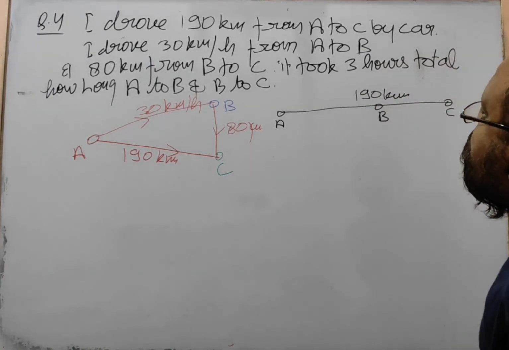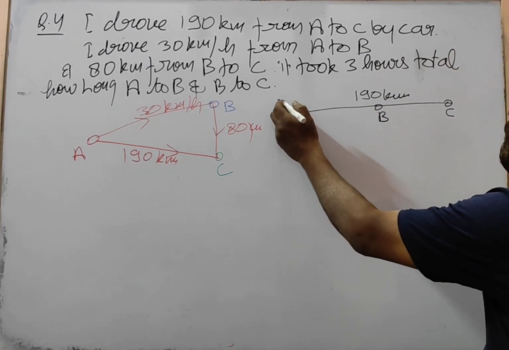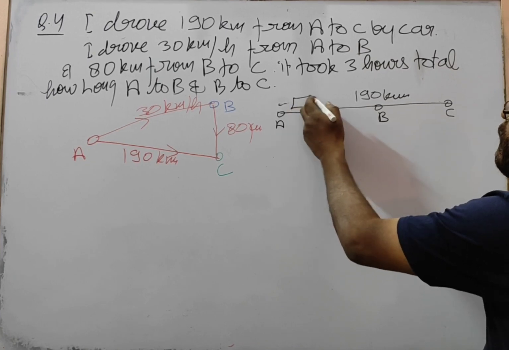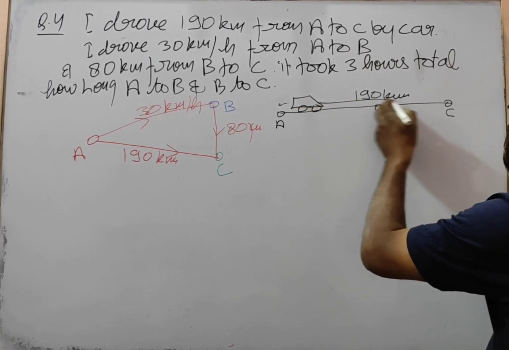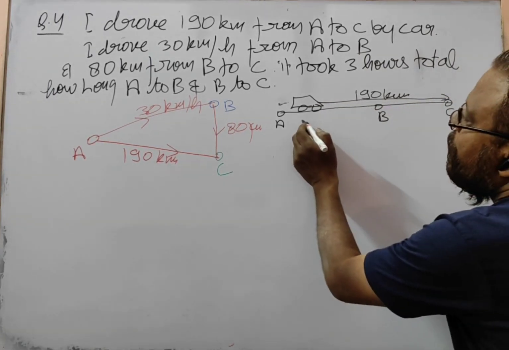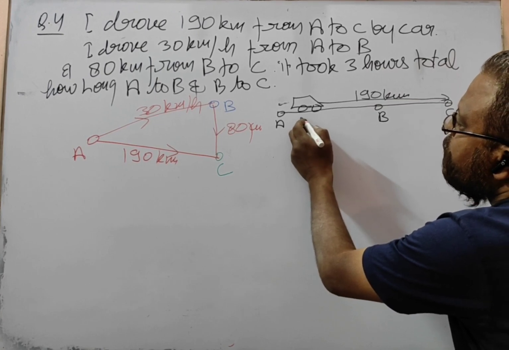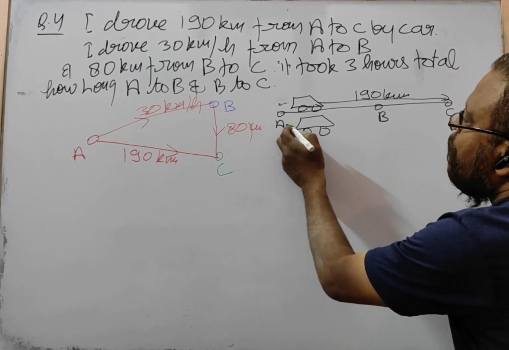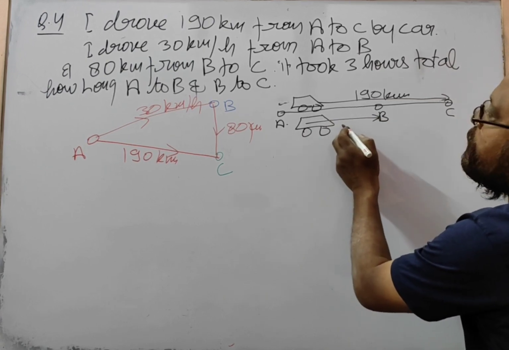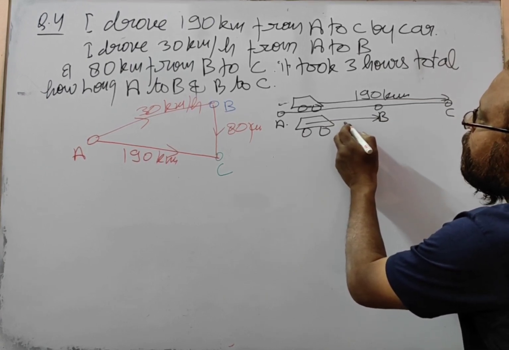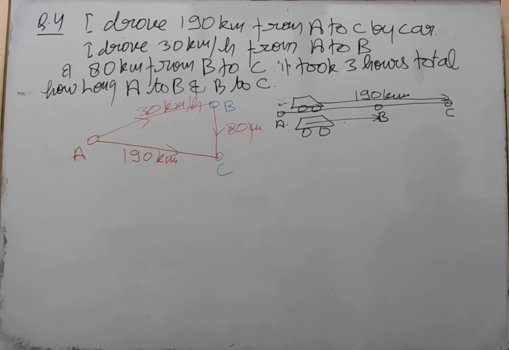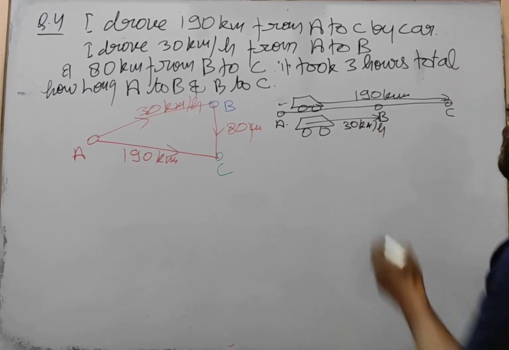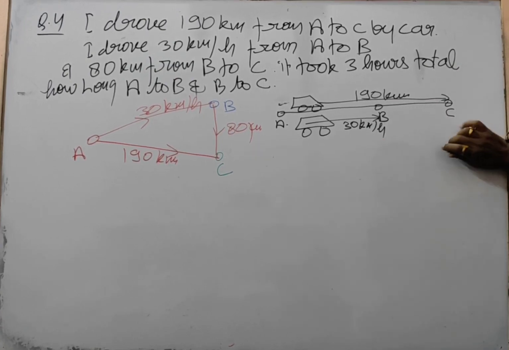When the car is moving directly from A to C, 190 kilometers. When the car is moving from A to B, that is with the speed of 30 kilometers per hour, right? Okay, great.